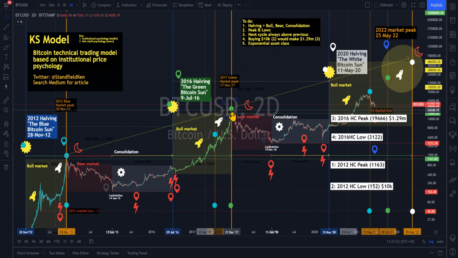It goes up to a new green line, it goes down to another red line. So the green line that it goes up to, 19,666, it came down to the low of 3,122, which was above the previous high of 1,163. That's why so many times I've said we are so safe, because this property of Bitcoin is coded into its monetary function.